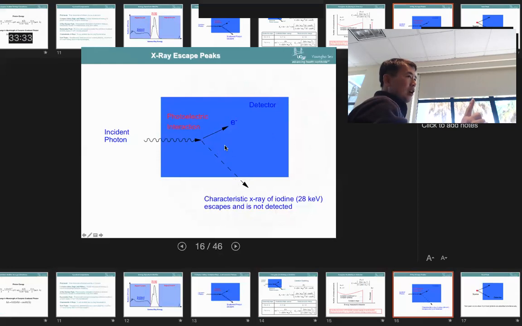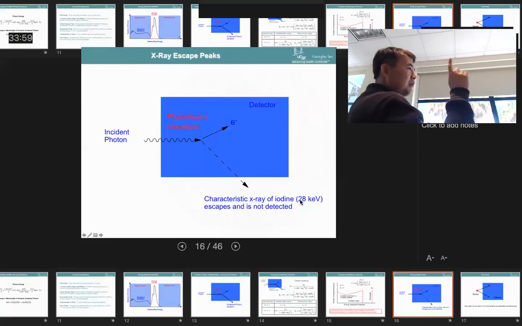That X-ray photon could still be absorbed by the detector. What if that X-ray from iodine escapes from the detector? That happens as well. It's not 100%. This characteristic X-ray of iodine is exactly 28 keV. 28 keV is the difference between the K-shell and L-shell energies. Right?